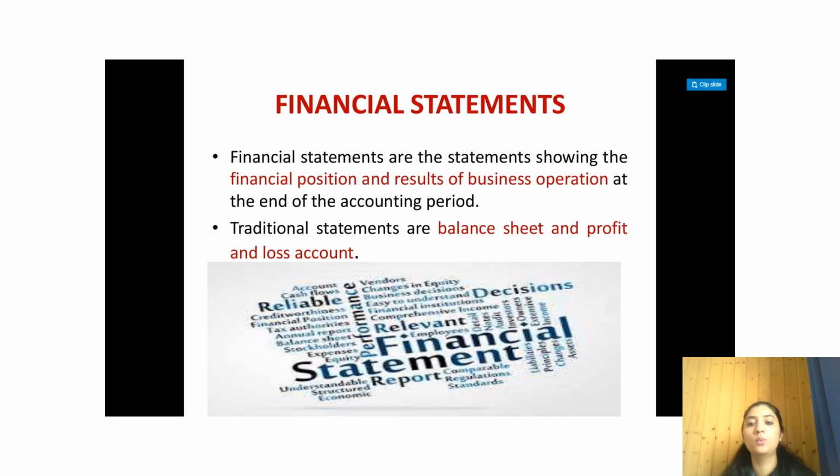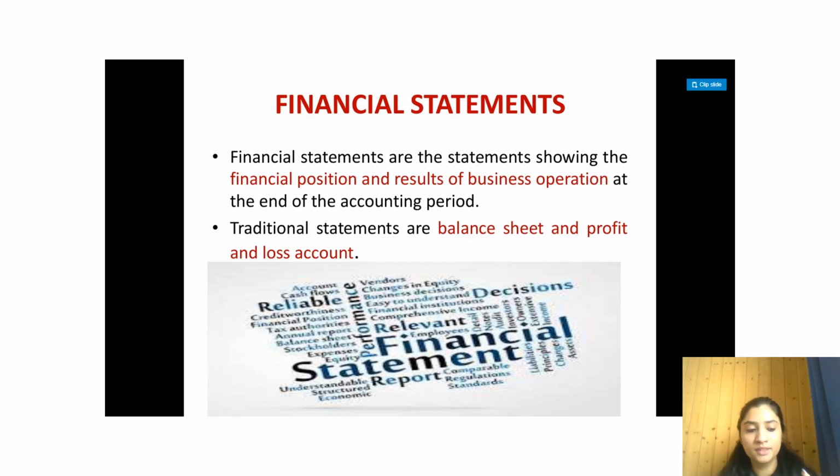So first of all, what is a financial statement? A financial statement is a statement which provides us information about the financial position of the company and how the business operations work in a company at the end of the accounting period. For example, we are analyzing the period of 1 month from 1st of October until 31st of October.